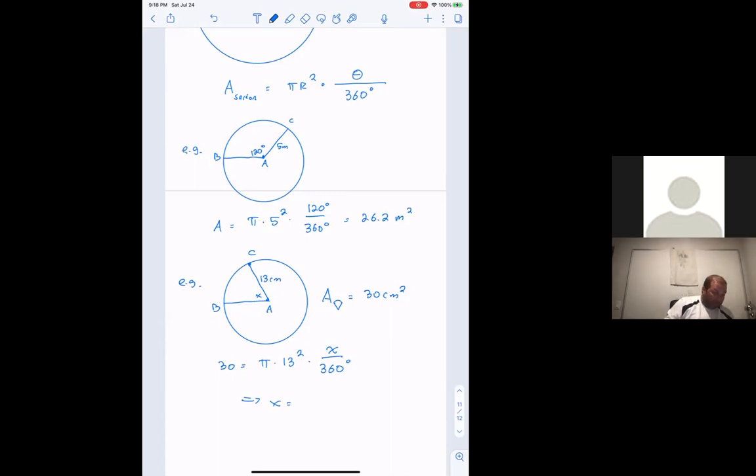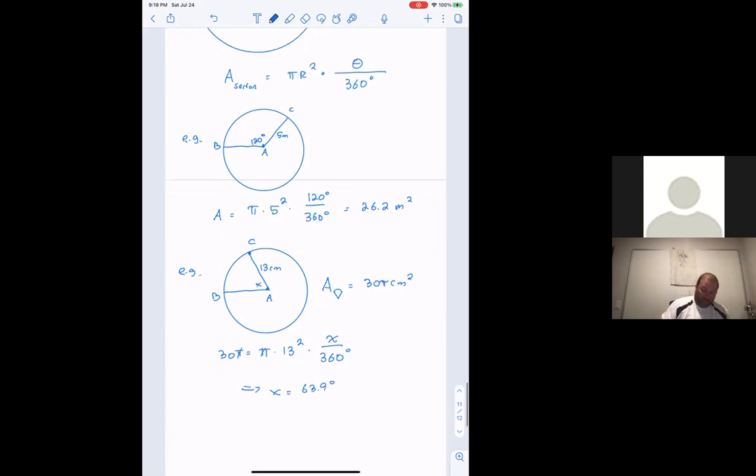Oh, no wonder, I didn't read the question correctly. 30 pi centimeters squared. Well, in that case, the pi's just cancel. So I have 30 divided by 169 times 360. And now I do have what they have, which is 63.9 degrees.